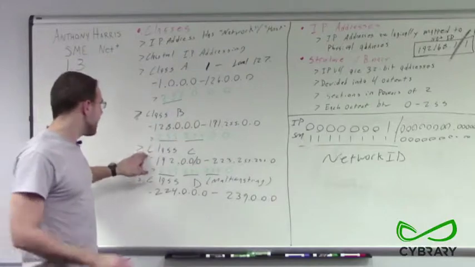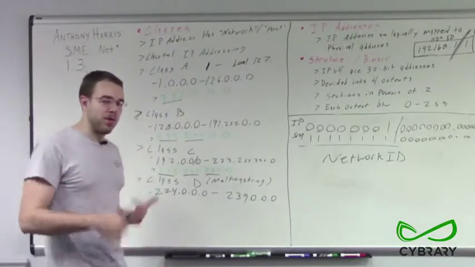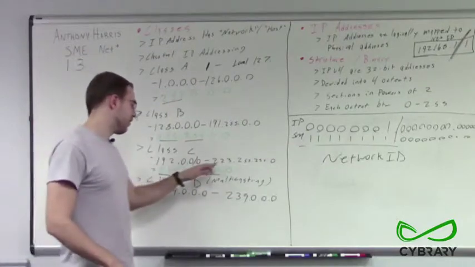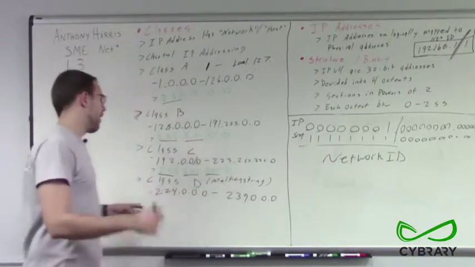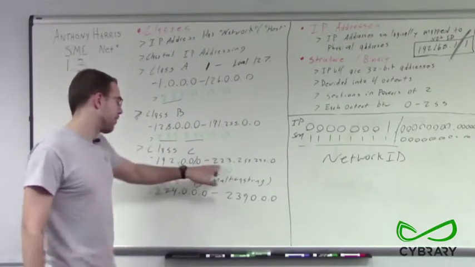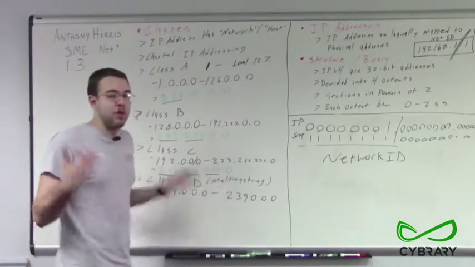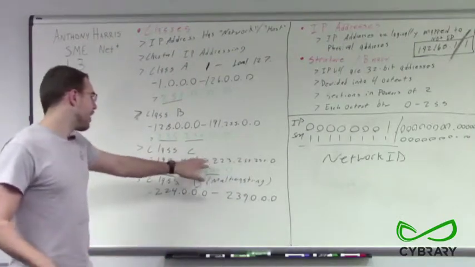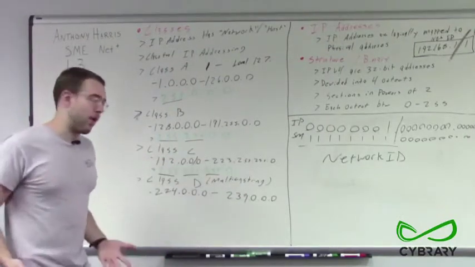And then Class C, our typical home or typical office IP address range, is going to be 192 to 223. Now, not quite clever enough to remember how we stop at 223, other than it's one of those things you're going to just have to memorize. That 223 is where we end our Class C address range.